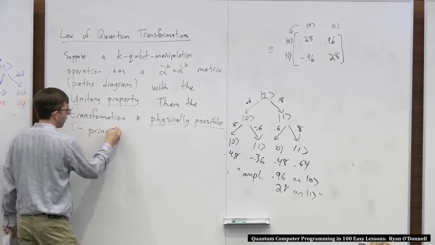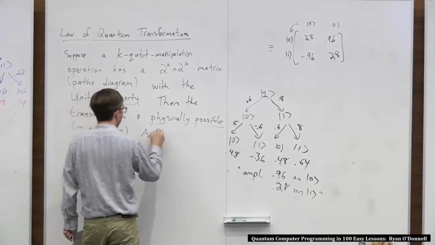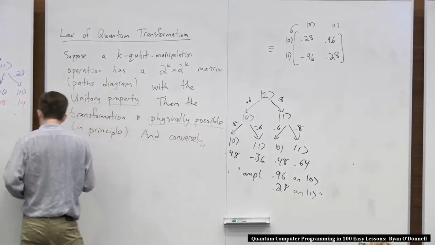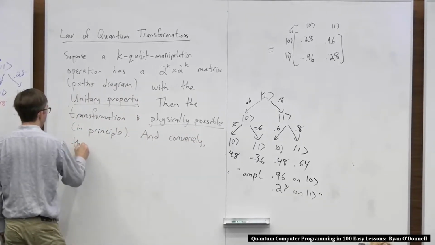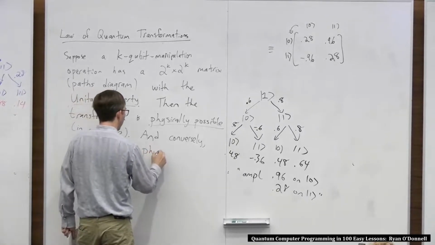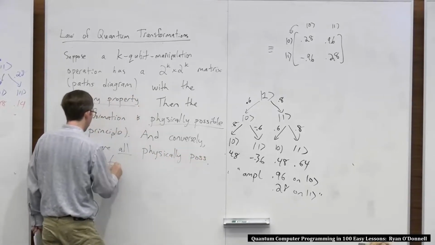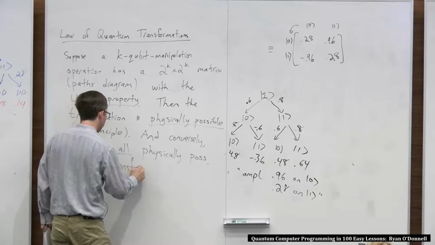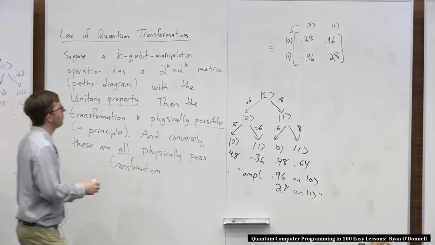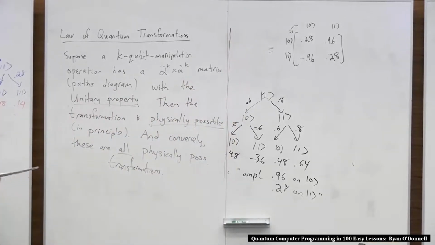But it's physically possible. And conversely, by which I mean, these are all the physically possible transformations. Okay, so this is telling us a law of nature that the physicists worked out.